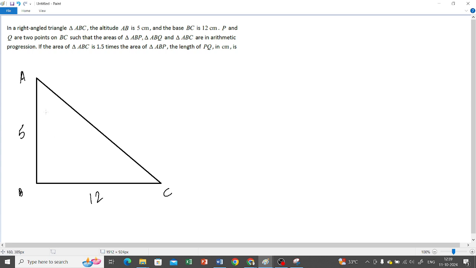P and Q are two points on BC such that the areas of triangle ABP and ABQ.